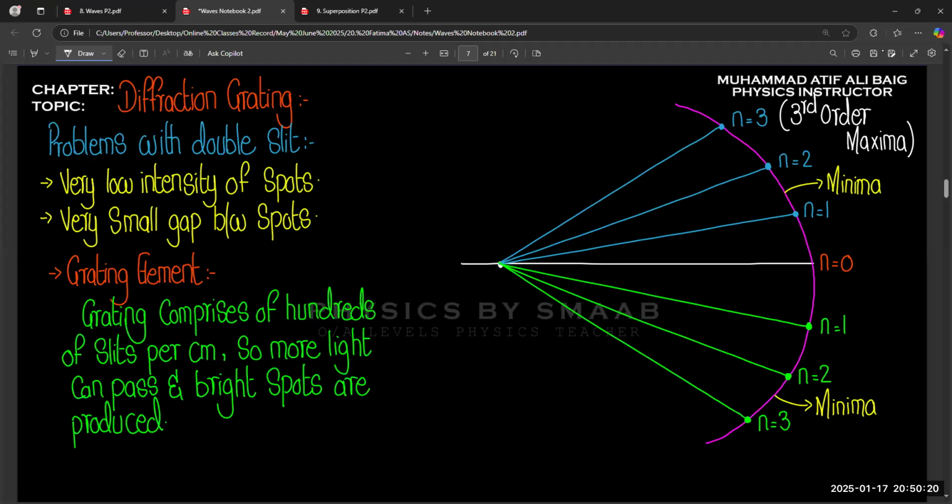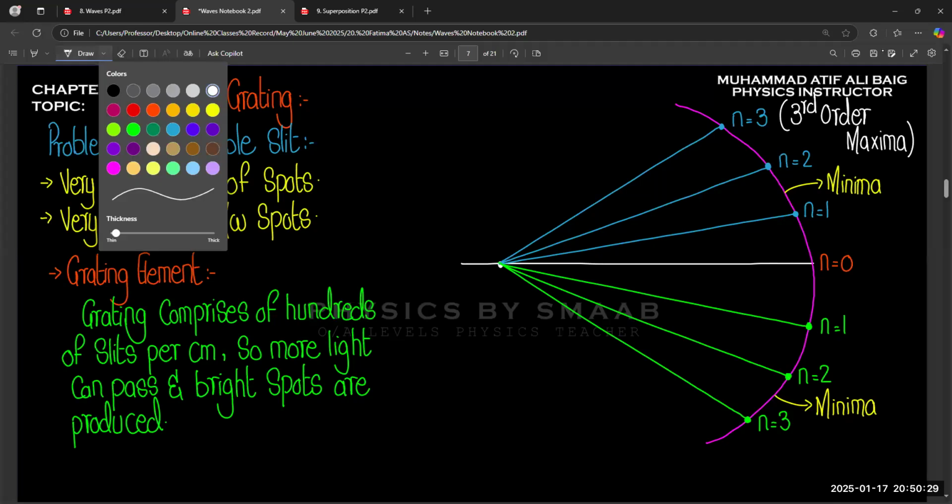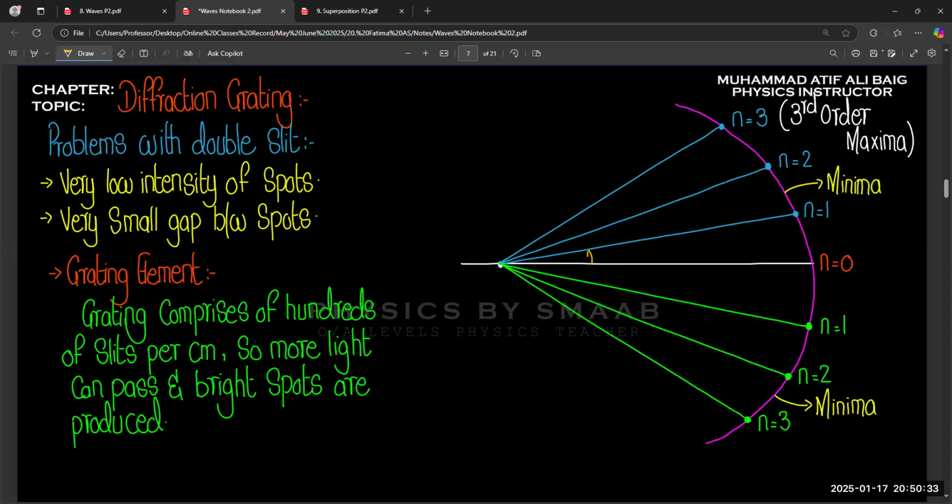And if you want to measure the angle, always measure from the center. Let's suppose we want to measure the angle for n equals 1, so we need to measure from the center like this, theta 1, theta 2, theta 3.